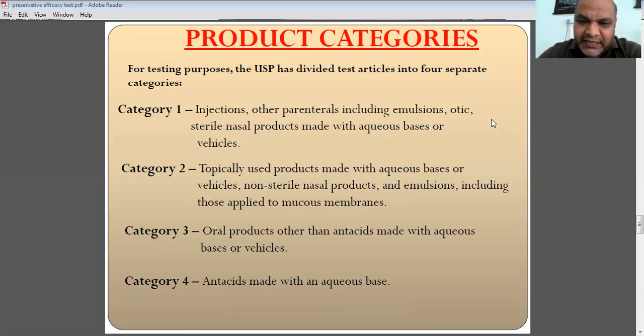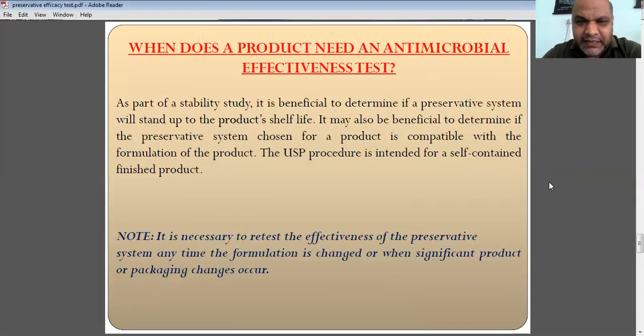So in category 3, according to the USP, the oral products are subjected to microbiological testing. And in category 4, the antacids are tested, which are made with an aqueous base. So these are the categories that have been formed by USP.